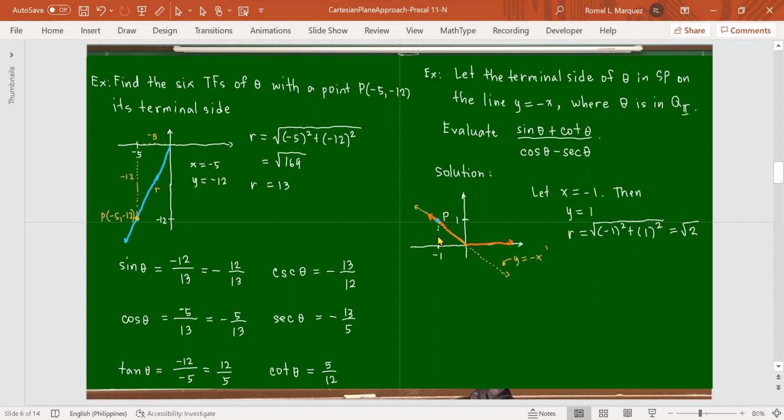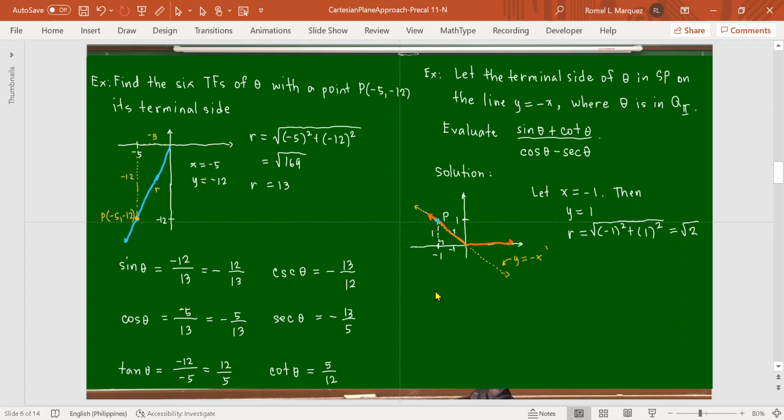So this is the arbitrary triangle. This is 1 unit. This is 1 also, but negative 1 directed. That is the length, directed positive 1. So I can now read from this arbitrary triangle, or from these values of x, y, and r.